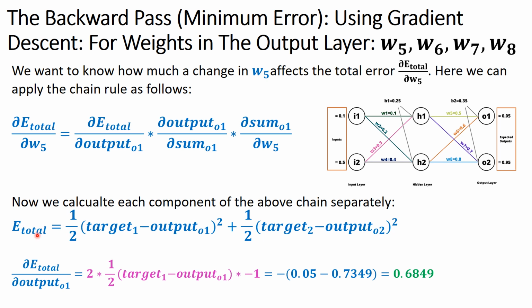E total بتساوي نص target 1 minus output O1 all squared plus half target 2 minus output O2 all squared. دي من السلايد السابقة عرفنا ال E total بتساوي المعادلة دي. طيب هنقوم نحسب the partial derivative for E total with respect to output O1, partial E total with respect to output O1.